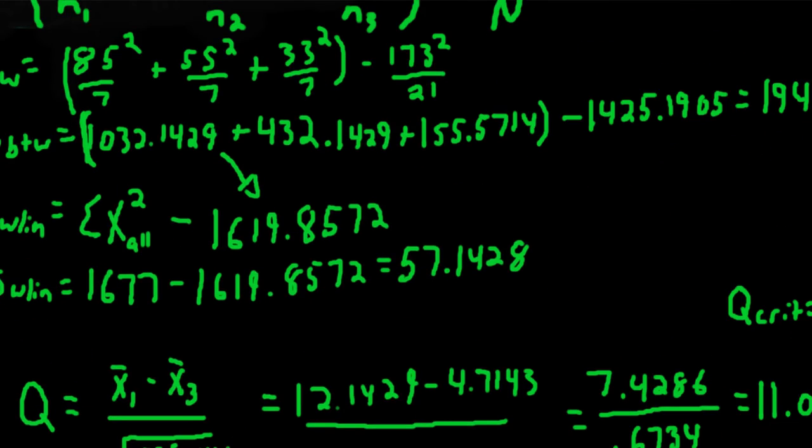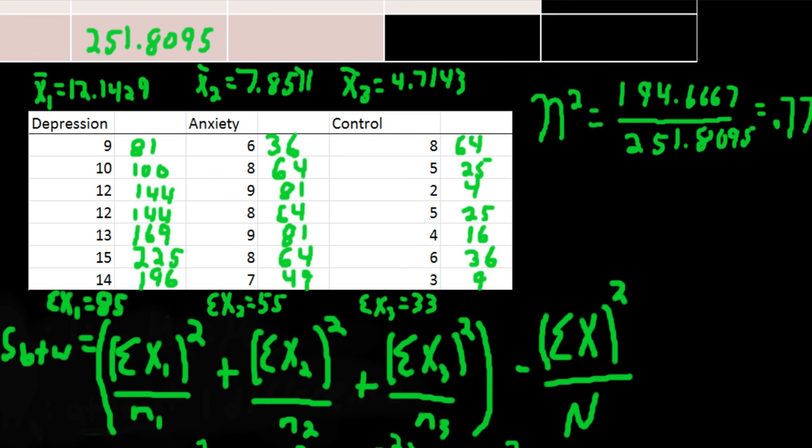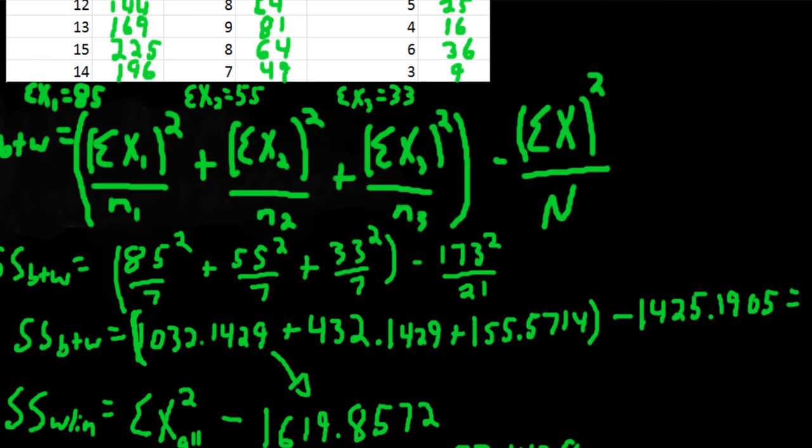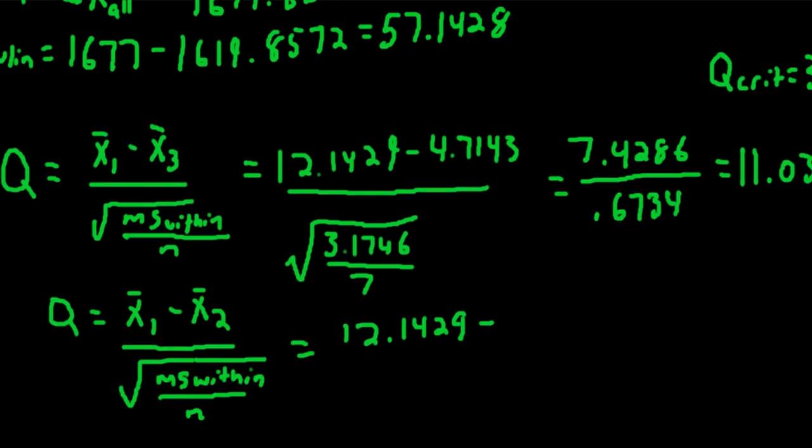Group 2 has a mean of 7.8571. And we're going to divide that by the same error term we used before, which is 0.6734.